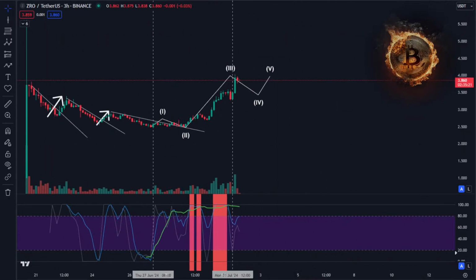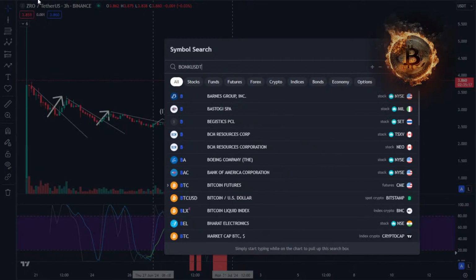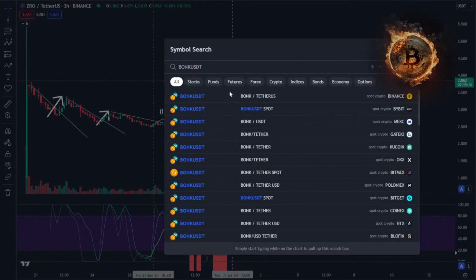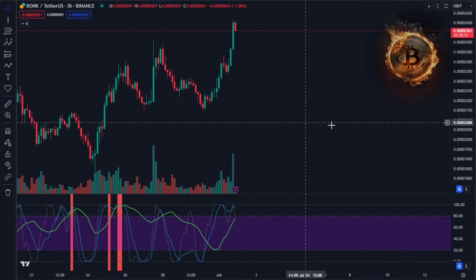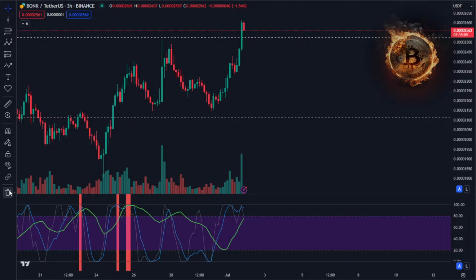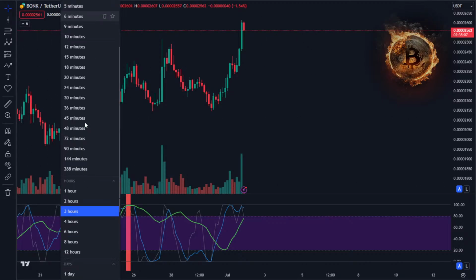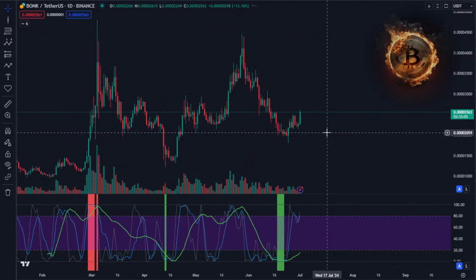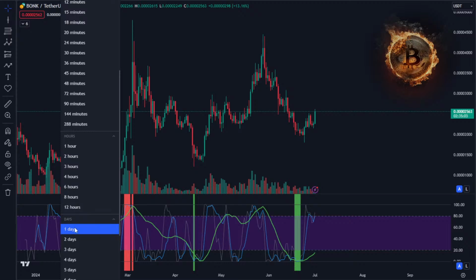So the next one to look at is Bonk, and for Bonk I need to zoom out first because we haven't looked at it together before.